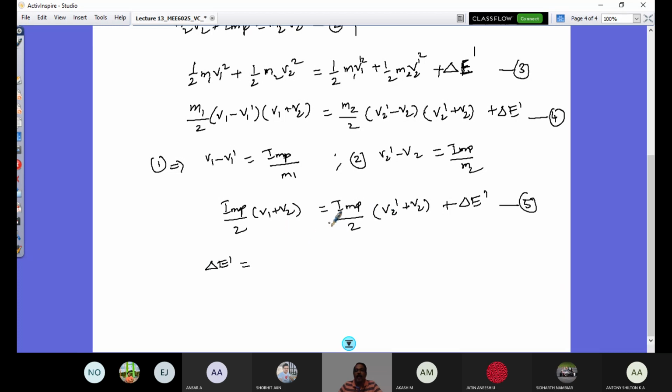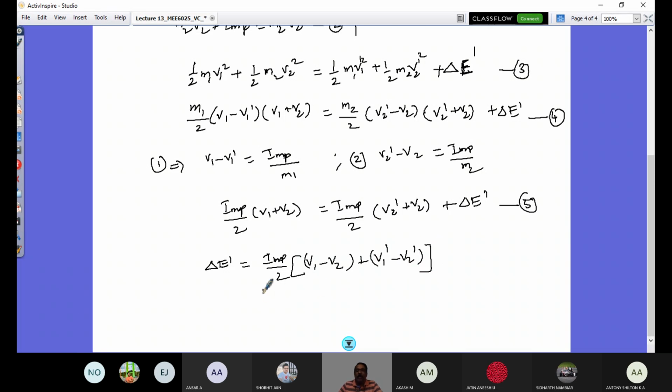So I will have IMP by 2 within bracket, V1 plus V1 dash minus V2 dash minus V2. Here I club V1 minus V2 and V1 dash minus V2 dash.